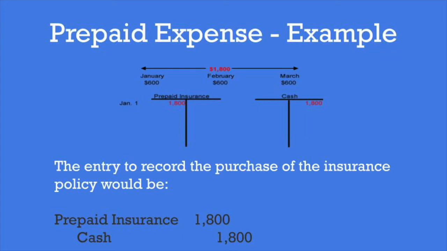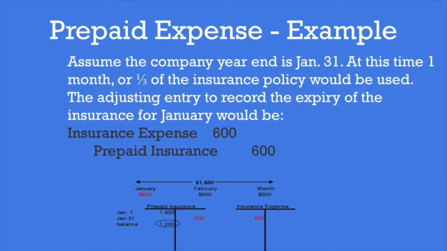So if we look at the accounts, the two accounts affected will be one called prepaid insurance, and the other one will be cash. So we would debit prepaid insurance. We get a value, prepaid insurance, of $1,800 on January 1st, and our cash went down by $1,800 because we basically paid $1,800 for it. So cash would be credited.